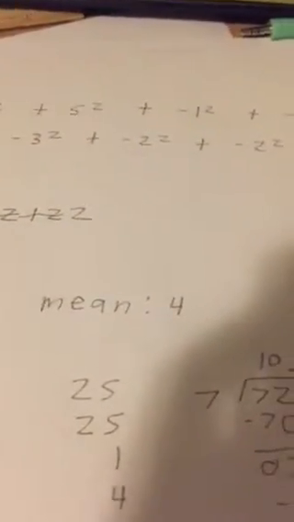So we have a decimal answer. 10.14. So we would have a decimal. Okay, so we get 10.285 as our variance.